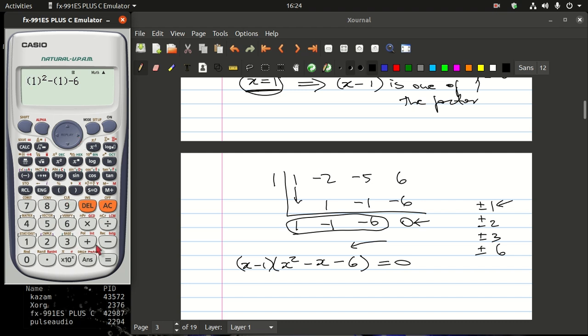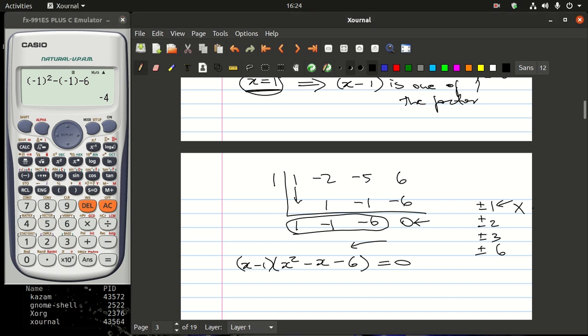Let us try a minus 1. If we have a minus 1, what will happen? A minus 1 is also not one of the solutions we're looking for. So we cut this, it's not one of them. Let's go to minus 2. If we go to minus 2, we will end up having a 0.